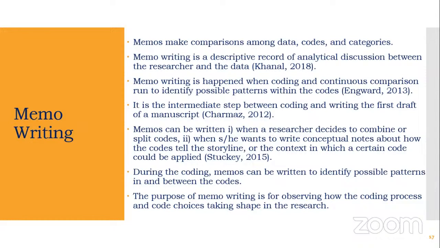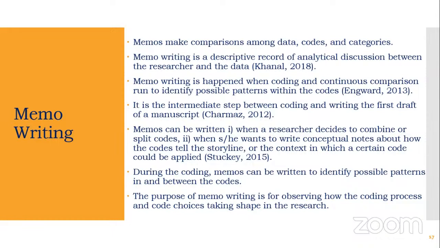So memoing is a way of making some informal notes once the coding is done. Coding basically means labeling or creating categories and subcategories in the data, and memoing means making small notes about it.